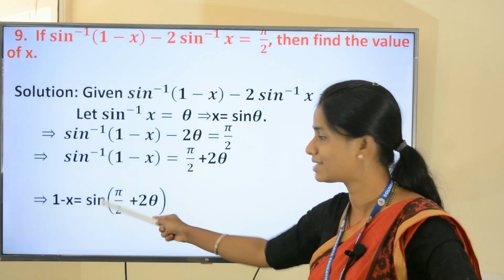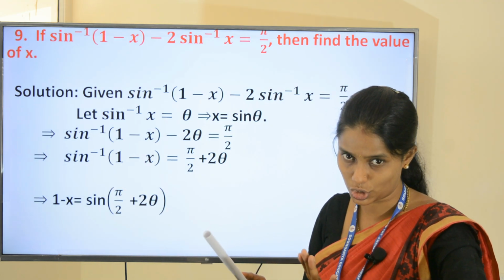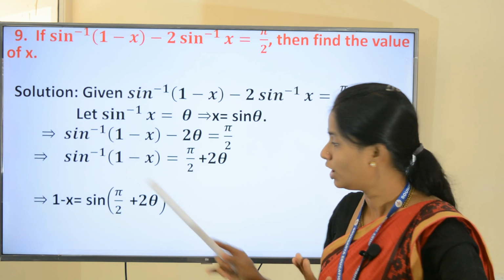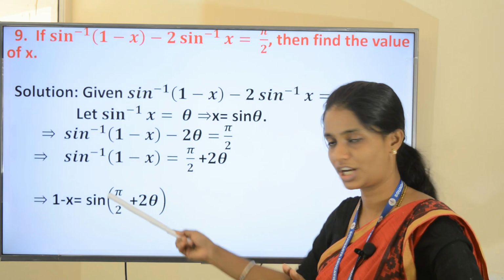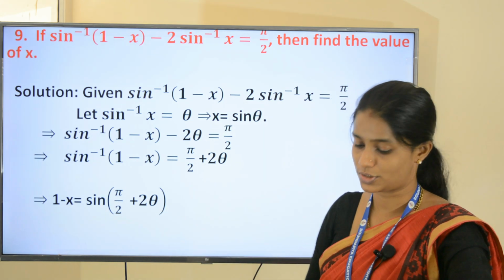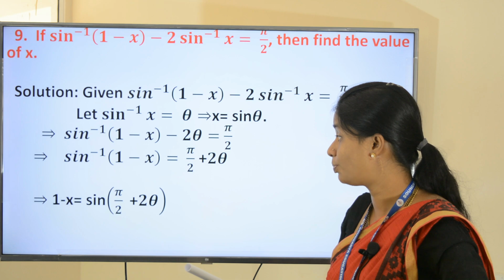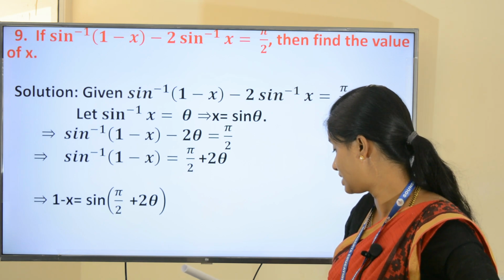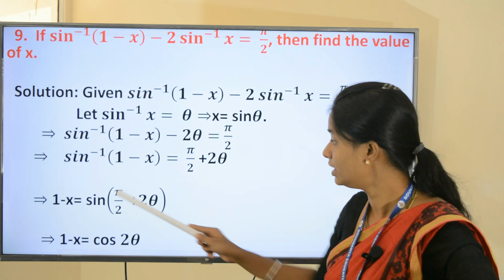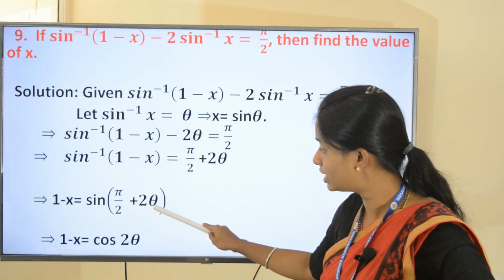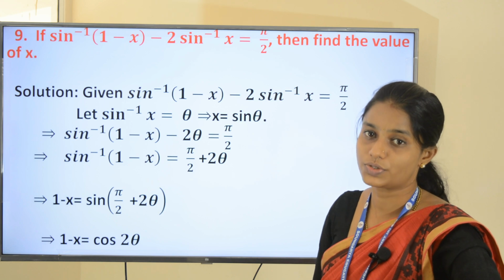In the second quadrant, sine trigonometric function is positive. But in the allied angle format, when the angle lies in the y coordinate, the sine trigonometric function changes to cos. So sine of pi by 2 plus 2 theta can be written as cos 2 theta. Is this clear?